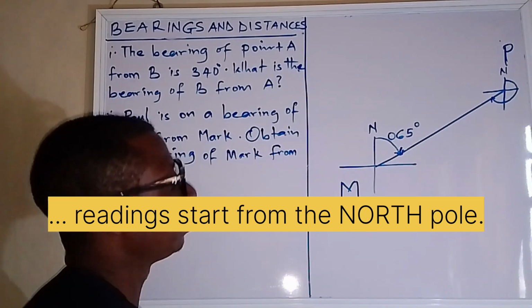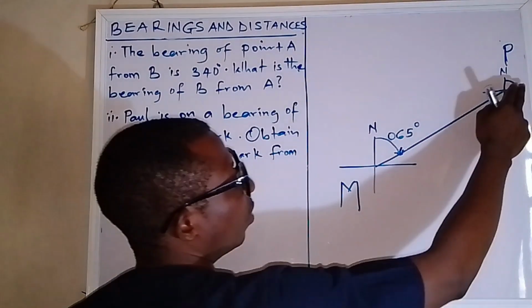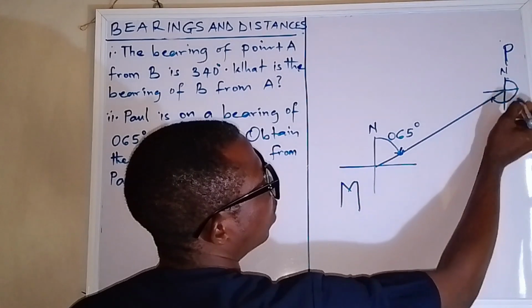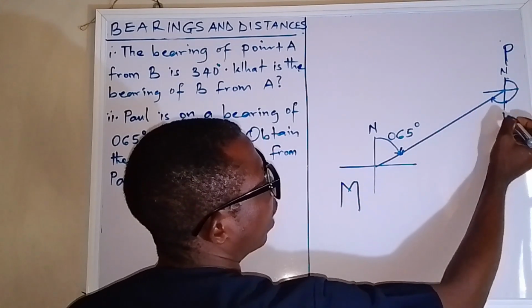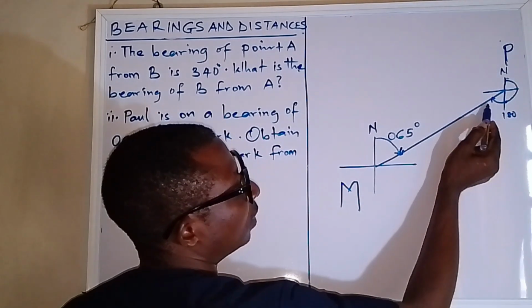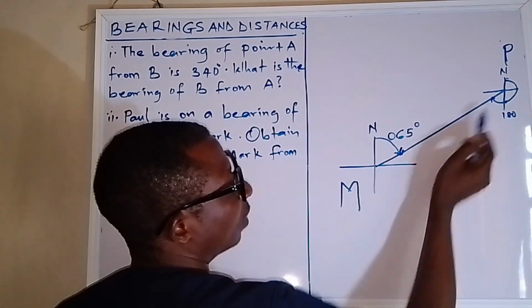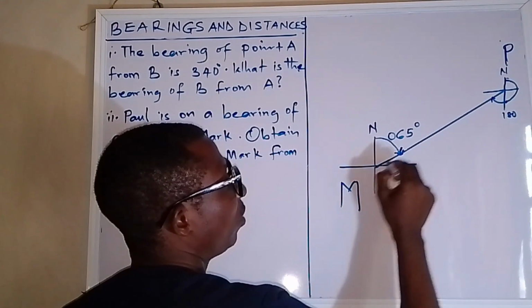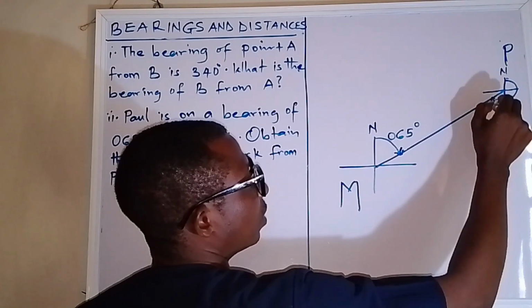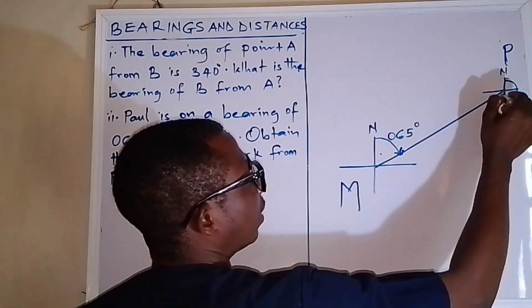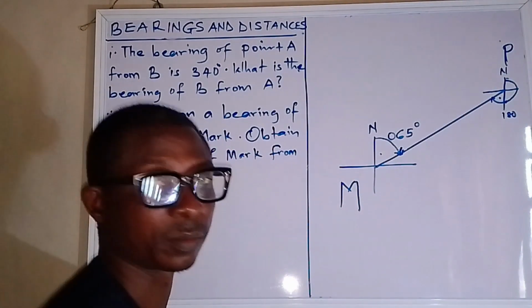So that is going to be the bearing of Mark from Paul. So from here to this place is 180. So I just need this small angle, because this is 90, 90, 180. So I need this angle. So look at it. This angle here is alternate to this.